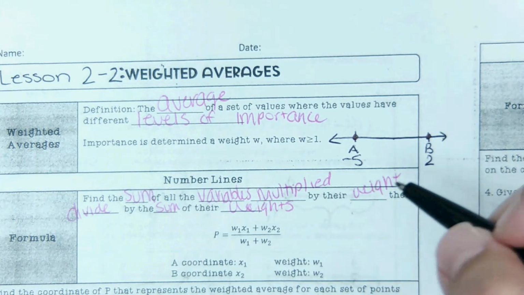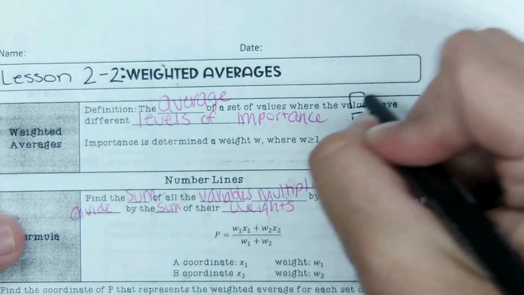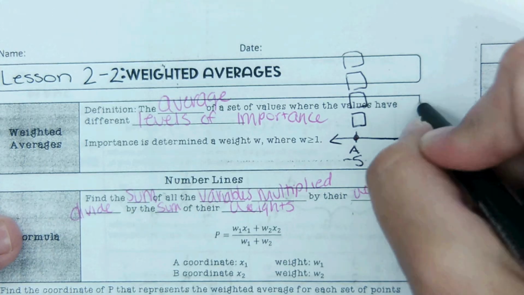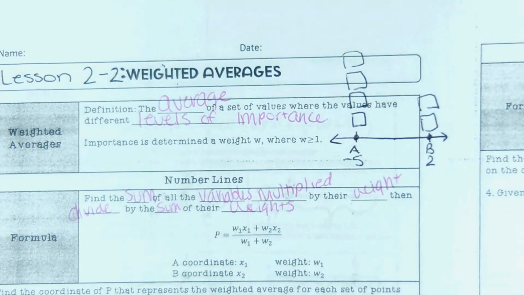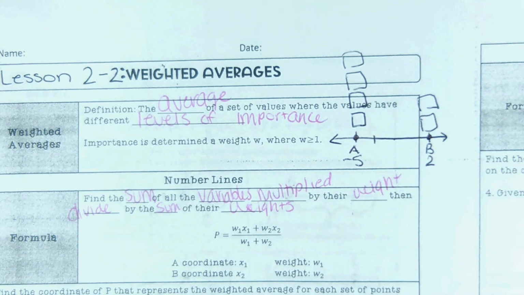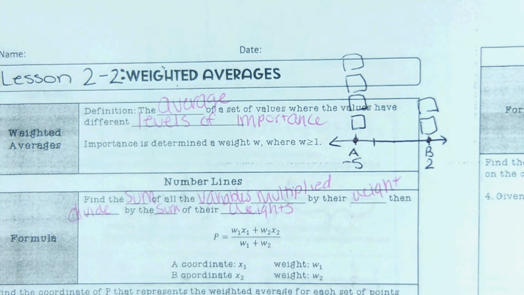But what if each of these points had different weights? So let's say this had a weight of 4, and this had a weight of 1 or 2, and then you were asked to find the average there. Well, then the average would be closer to A because it has a greater weight, and what we're going to be doing with our calculations is finding exactly where that balance point is.